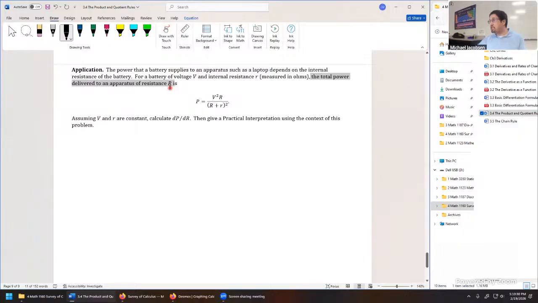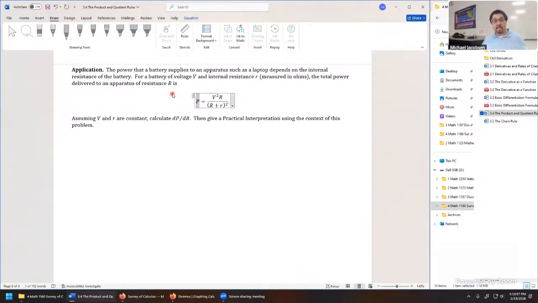that has resistance uppercase R is this. So this is the resistance of the battery. This is the internal resistance. Oh, that's the internal resistance of the battery, lowercase r. And the device has itself a resistance, uppercase R. So this is a nice real formula in this context of electrical engineering.